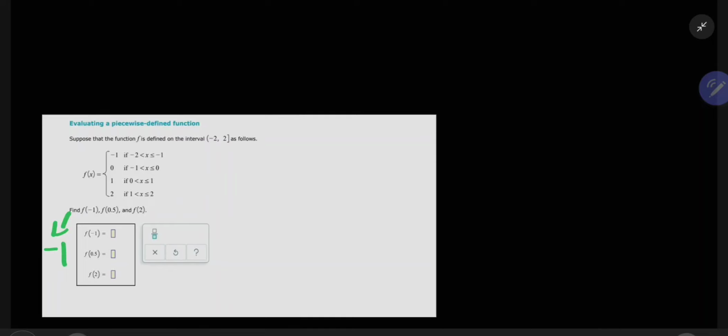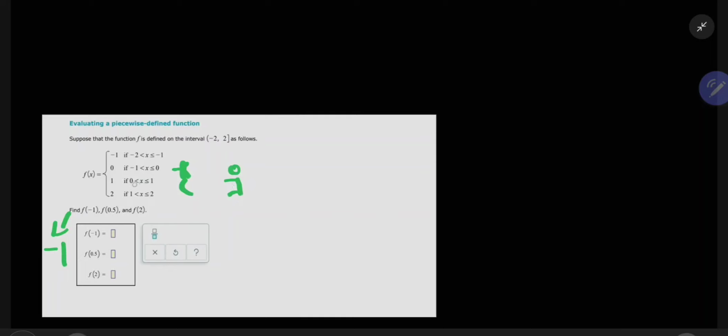So just as a hint, this is where minus 1 is less than x and x is less than or equal to 0. So this spans from minus 1, where minus 1 is not included, to 0 inclusive.